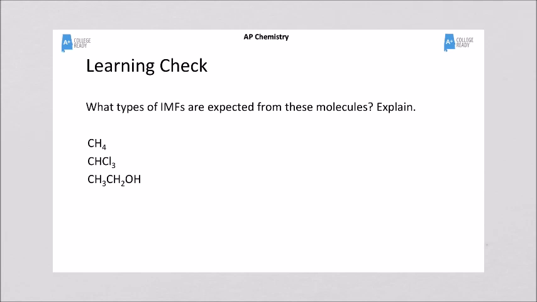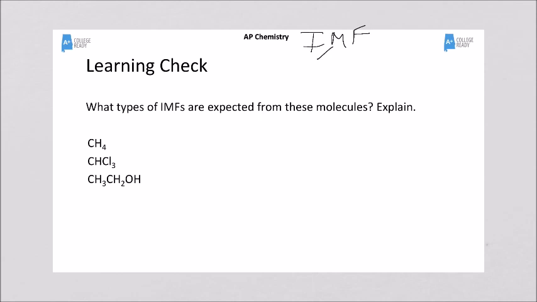So here's just a little learning check. What types of IMFs are expected between these molecules? And don't forget that if it is a polar molecule, we're going to have two answers. If it's polar, remember there are two choices. So here, just as a review, we've got IMFs.